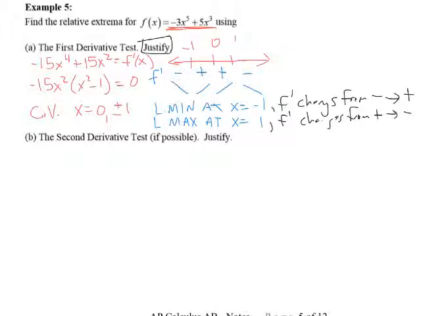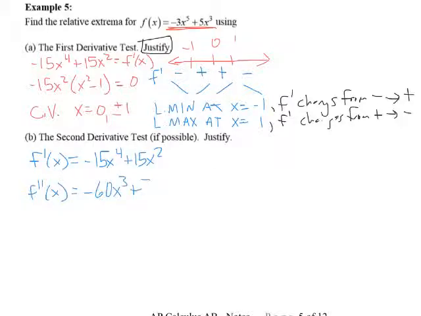If we have f prime, which we do, we can find our second derivative from that. The second derivative will be negative 15 times 4, which is negative 60x to the third plus 30x.